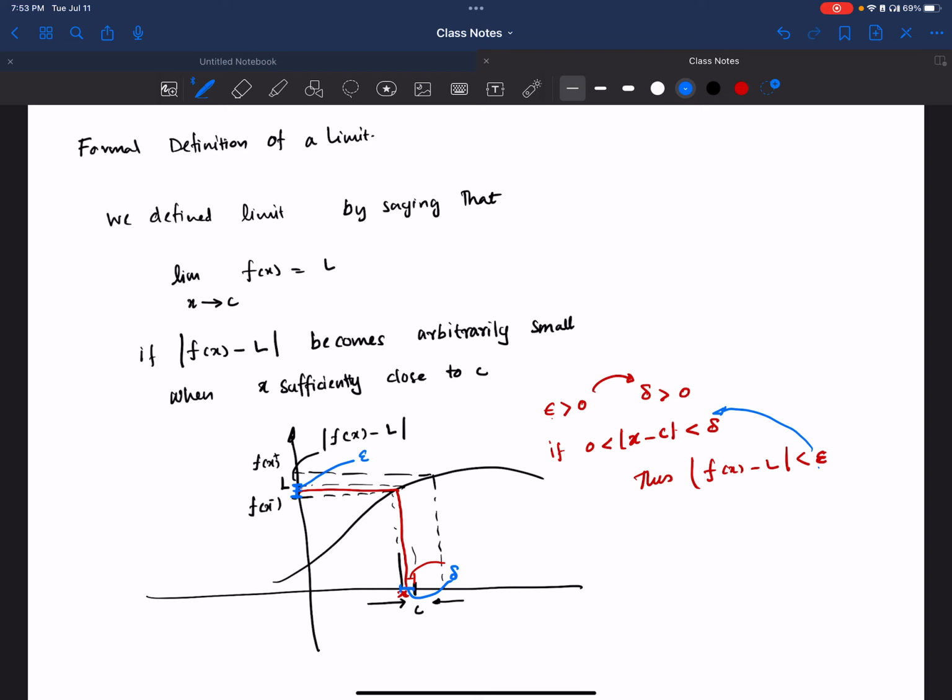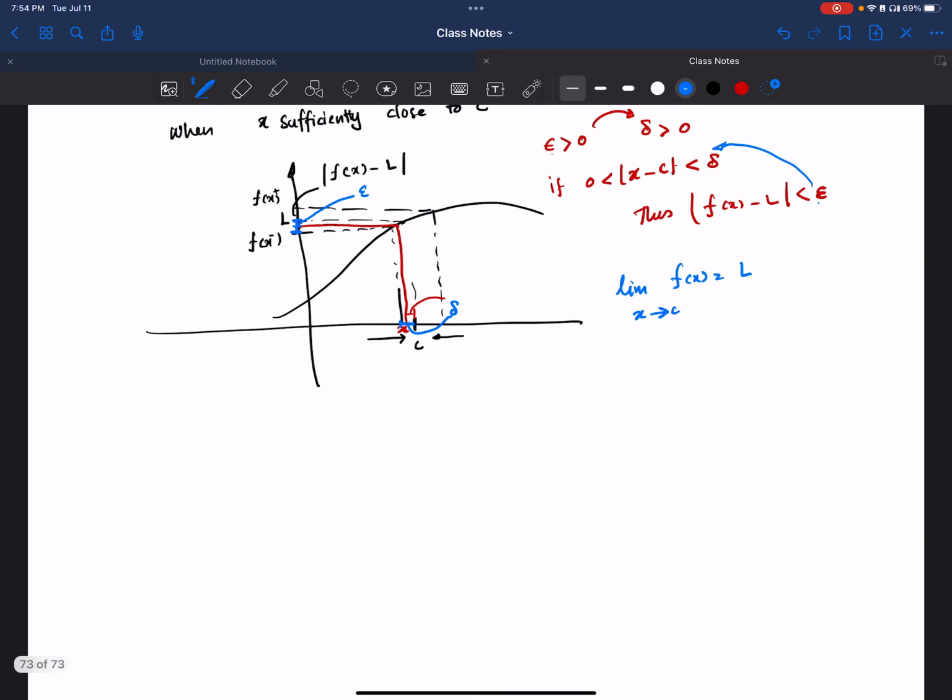In that case, you can write the limit as x goes to c of f of x equals L. That's the formal definition, given in formal language like this.